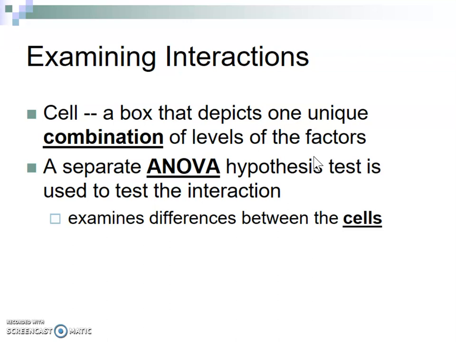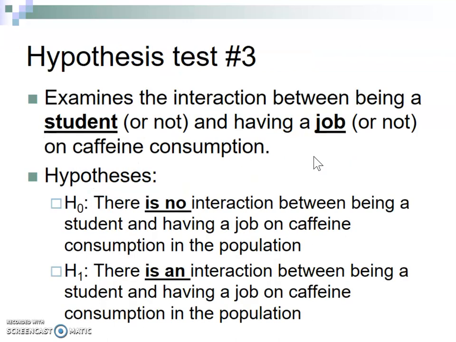And if there's a specific combination of your 2 factors that is leading to a significant difference between those different cells. So we'll look in more detail in a second at what means are being examined in the interaction effect.